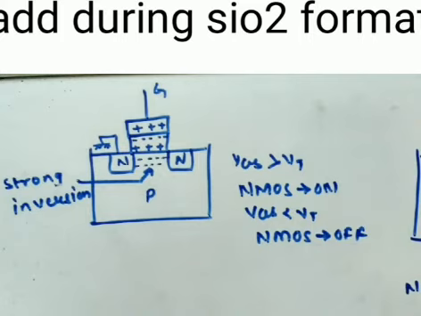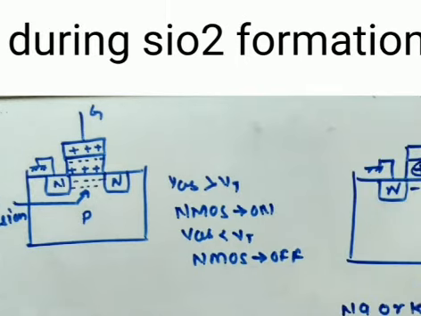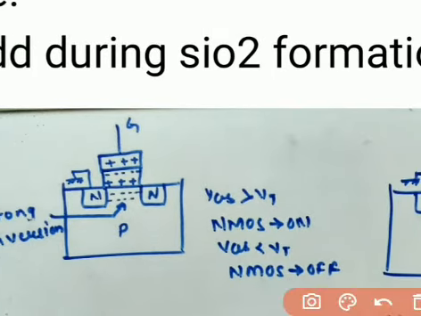If we apply a gate voltage greater than the threshold voltage, so in this case our NMOS will be on. When the NMOS is on, there is a formation of a channel. So you can see here there is a channel formed in between two N regions. So this is an NMOS which is in on state and it is under strong inversion because there is a channel formation.